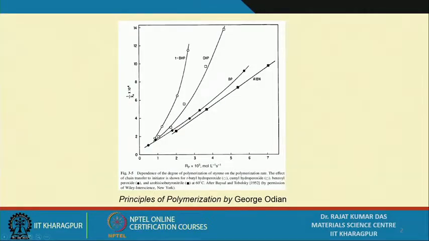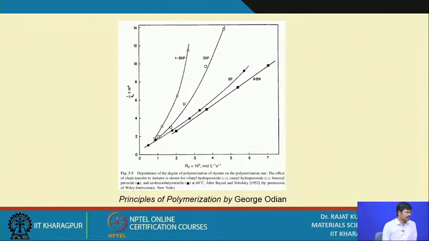You can see that on the y axis you have 1 divided by xn bar into 10 to the power 4, and on the x axis you have the rate of polymerization. The figure caption reads: dependence of the degree of polymerization of styrene on the polymerization rate. This is a polymerization of styrene, and the different graphs are for different initiators.